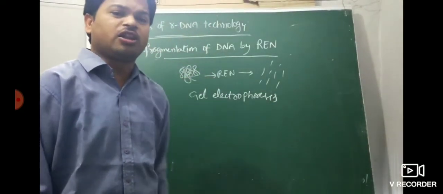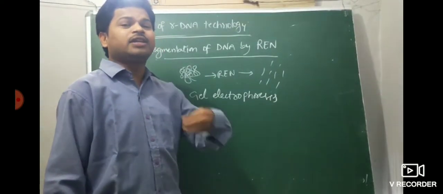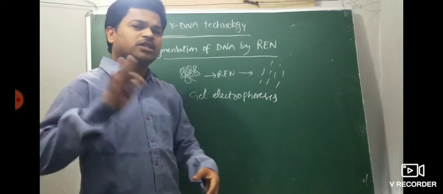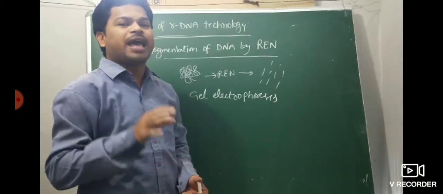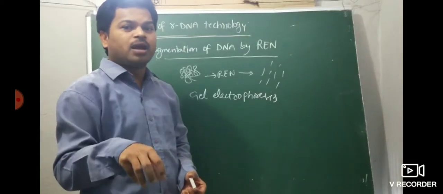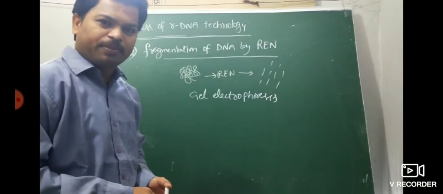DNA is negatively charged, as I told already, so DNA molecules are forced to move towards the anode side in the agarose medium under an electric field. In this way, DNA fragments are separated.